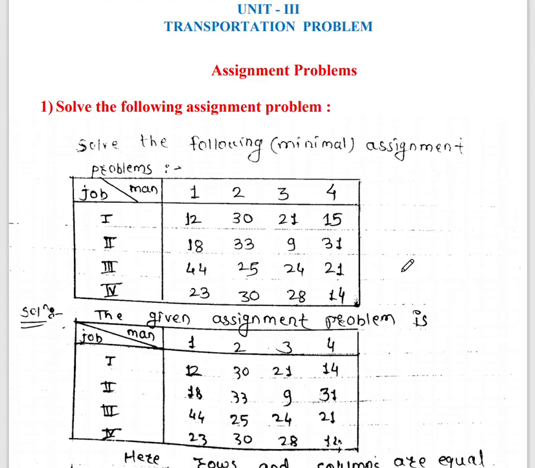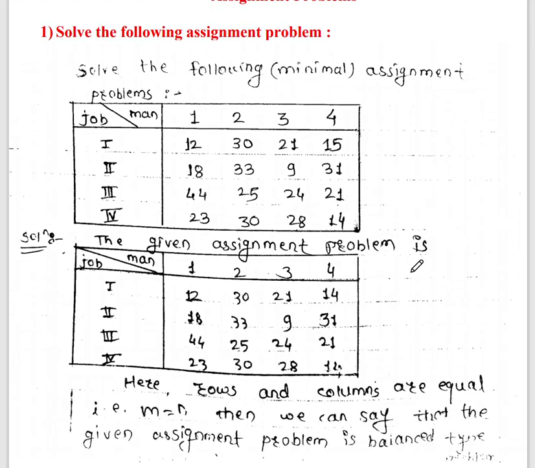So we will see the solution. The given assignment problem has jobs 1 2 3 4 with costs 12 30 21 14, 18 33 9 31, 44 25 24 21, 23 30 28 14. This is the given minimal assignment problem.